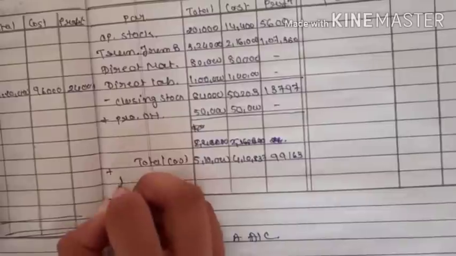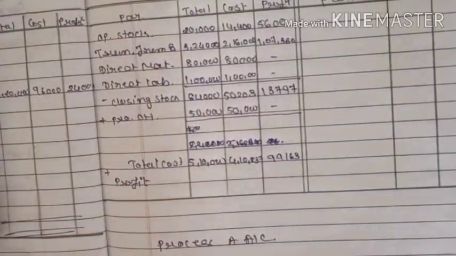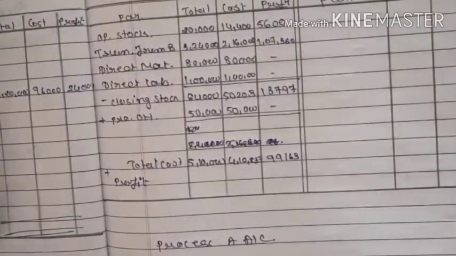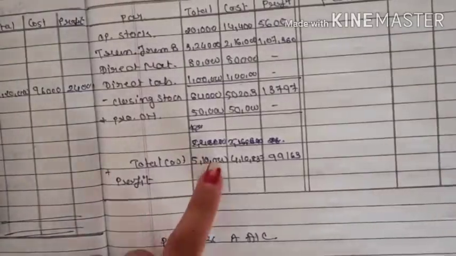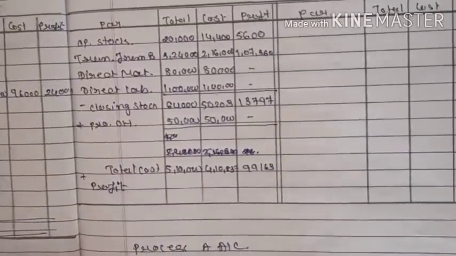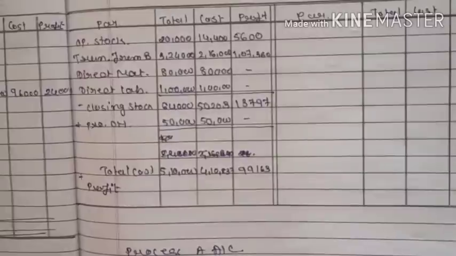Then we have to add profit. Profit percentage is given as 10% on the transfer price, and we have the cost price, so find it out. Suppose 100% is the transfer price, the profit will be 10, so the cost becomes 90.